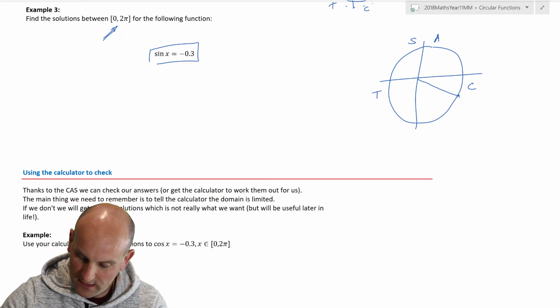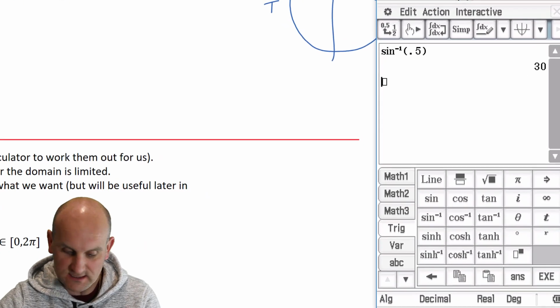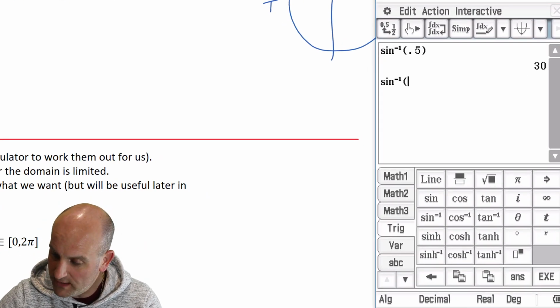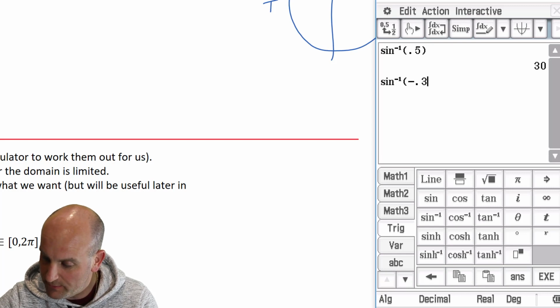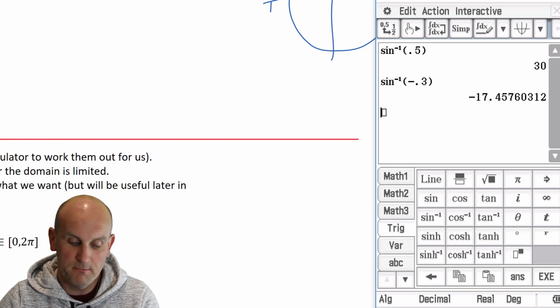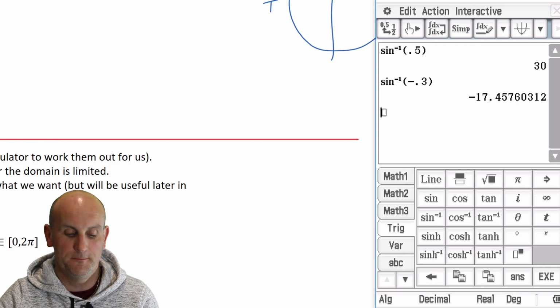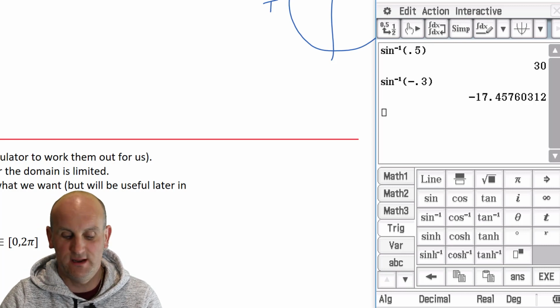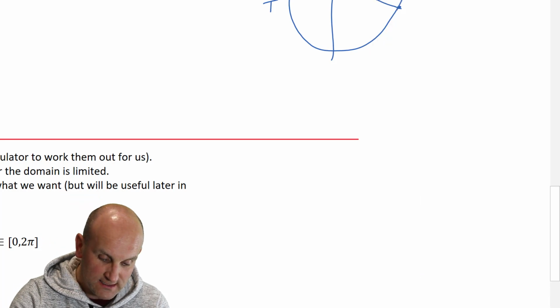So, firing up my calculator. Now, in this situation, if I do inverse sine of negative 0.3 and close my bracket, I'm going to get minus 17.45, and so on. But interestingly, that's in degrees. This question is in radians.